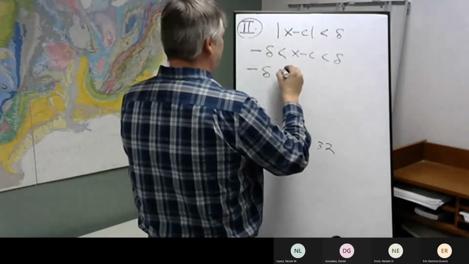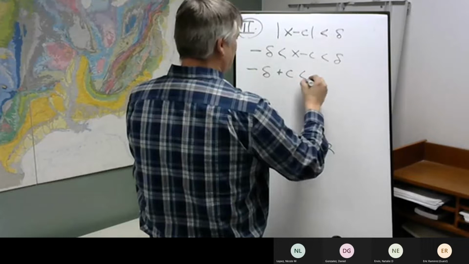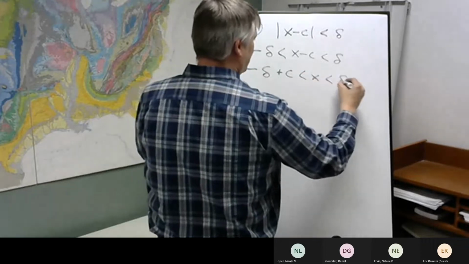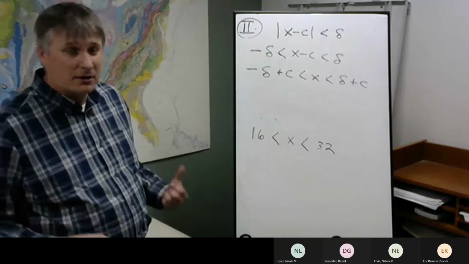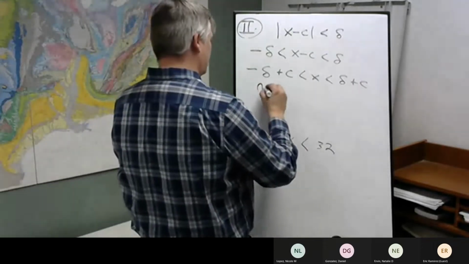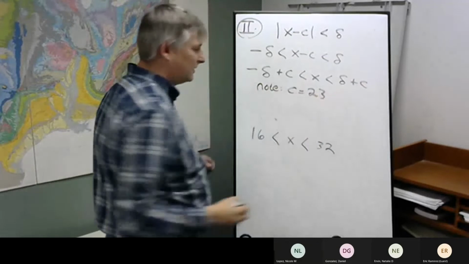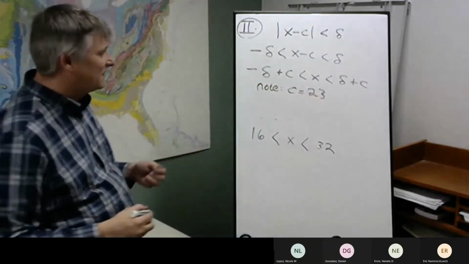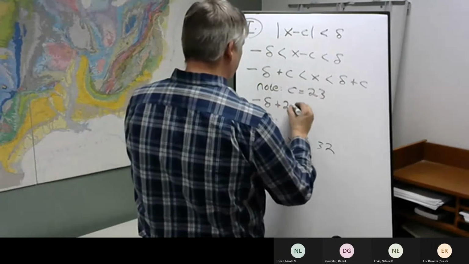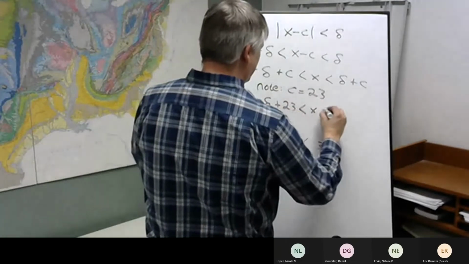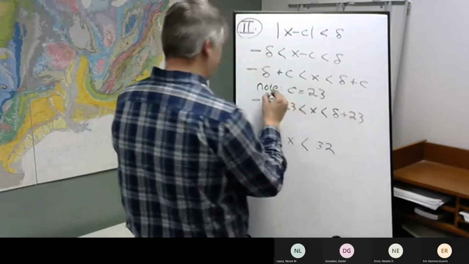So negative delta plus c is less than x, which is less than delta plus c. Now in our case, c is 23. So that's going to give us negative delta plus 23 is less than x, less than delta plus 23.